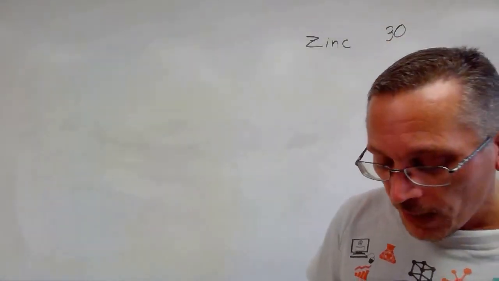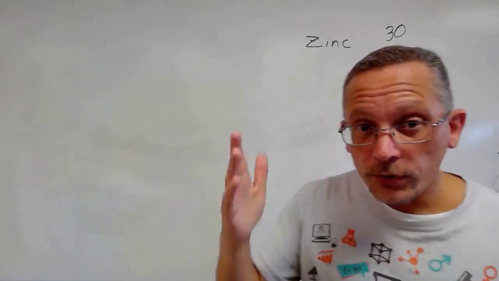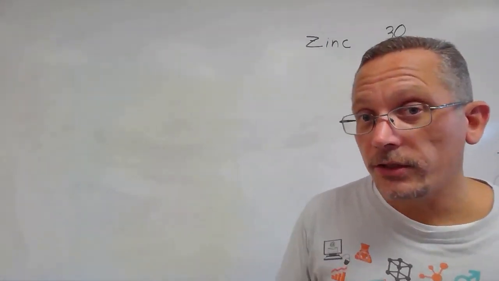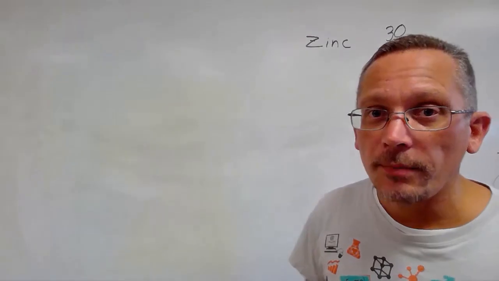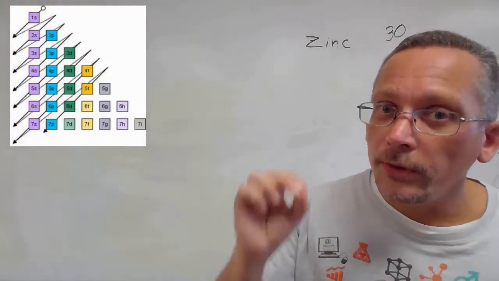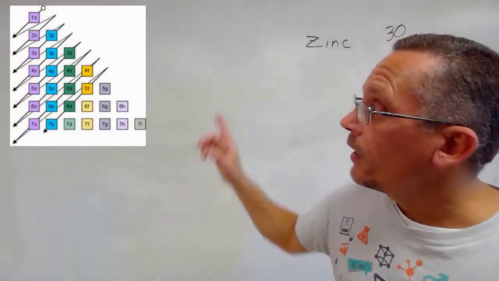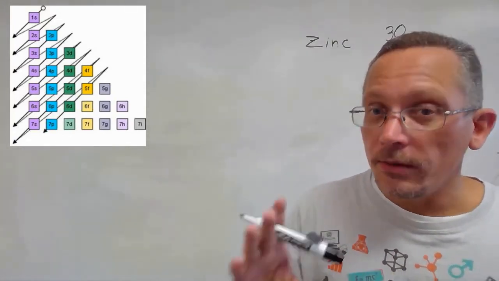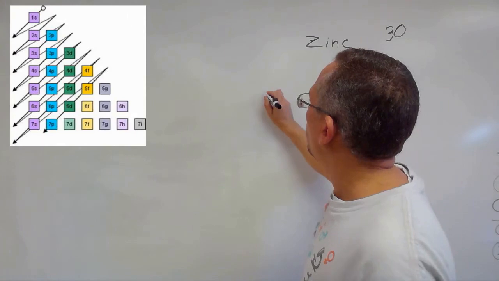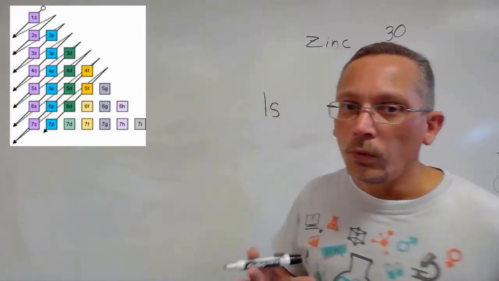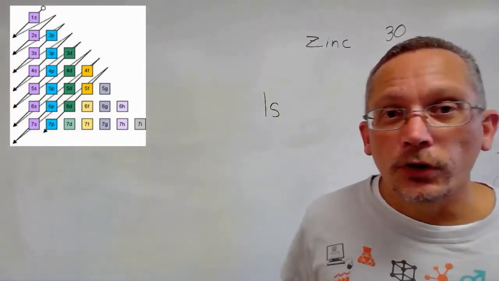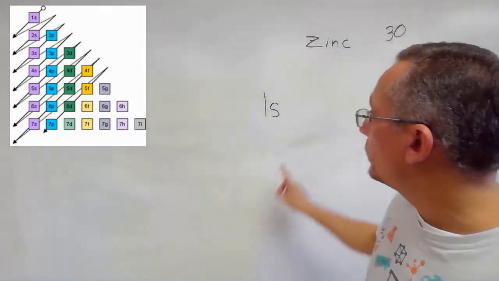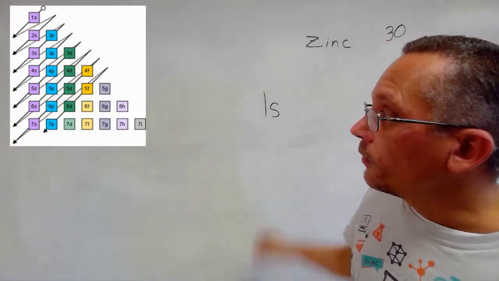Now, the first question I'm going to ask myself as I write the electron configuration is, which orbital fills first? I'm going to look at my little map, and you can see the orbital that fills first is 1s. So I'm going to write 1s. Now, the question is, how many electrons can go in an s orbital?